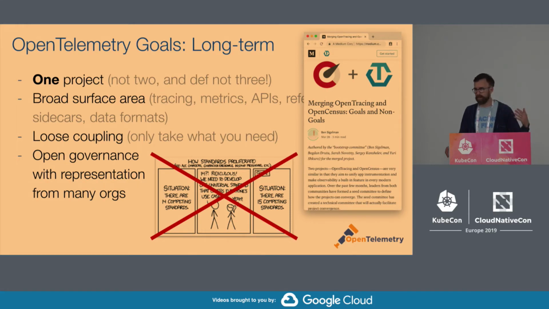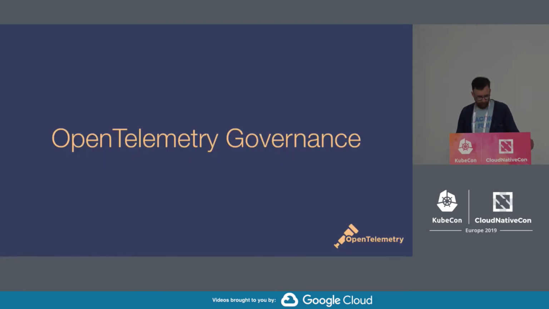There are limitations on how long someone can be in one of those seats, et cetera, which should allow the project to maintain the common interests of the end users and won't be dominated by any particular vendor or swayed in that way, which I think is also a nice thing that we had informally in OpenTracing and OpenCensus, but it wasn't as explicit. It's going to be very difficult in OpenTelemetry to do anything but operate in a truly portable, cross-vendor way, just based on the governance structure.